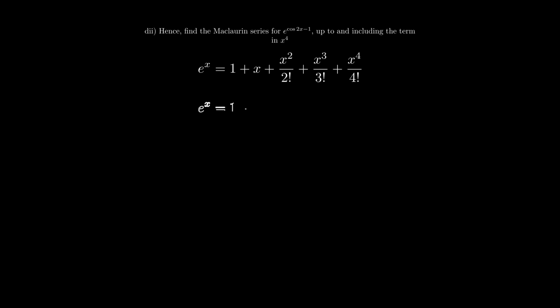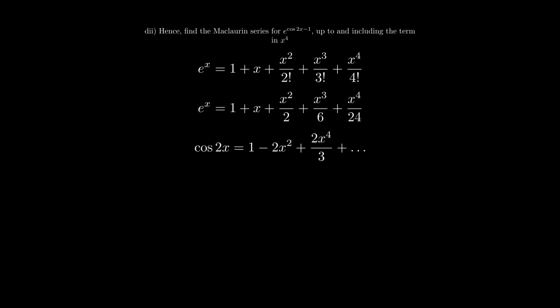Solving for the factorials, we can replace 2 factorial with 2, 3 factorial with 6, 4 factorial with 24. As we know already what the Maclaurin series is for the cosine of 2x, we need to adapt this slightly as we're asked for the cosine of 2x minus 1. Obviously all we need to do here is subtract 1 from each side. So this gives that the cosine of 2x minus 1 is equal to minus 2x squared plus 2x to the 4 all over 3 and continue.